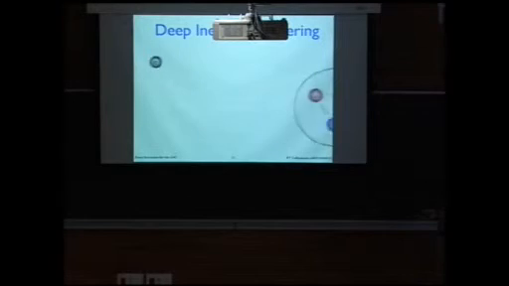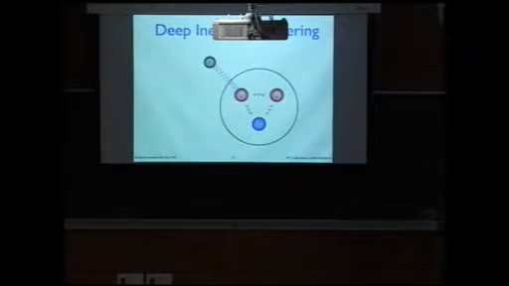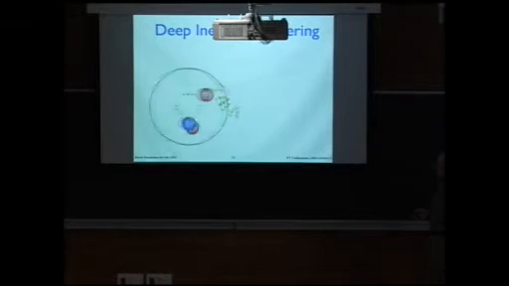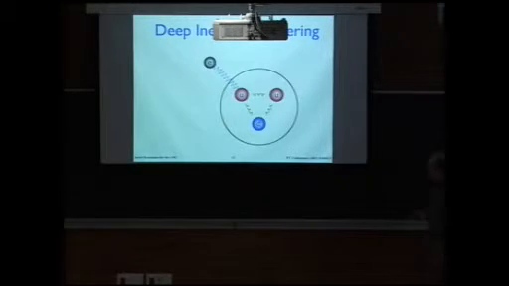So deep inelastic scattering, as I said, of an electron looks like this, and it knocks out a quark from the proton, but of course we have to remember that the quark is charged with respect to the QCD strong interaction, and therefore when it's knocked out of the proton, it doesn't just come out in isolation.